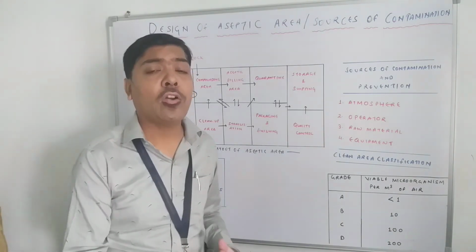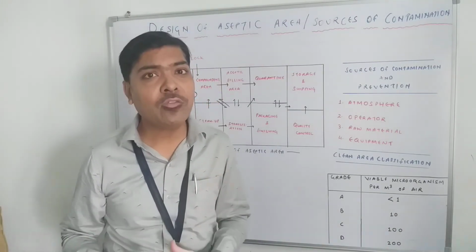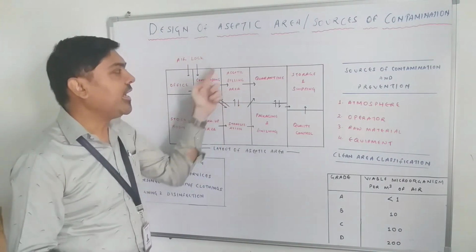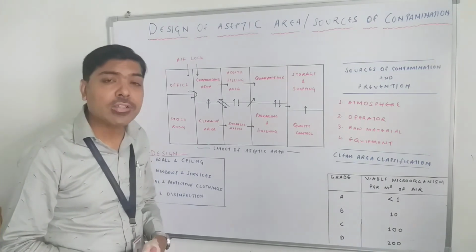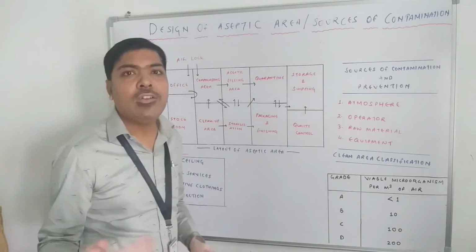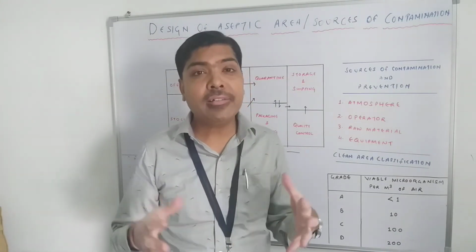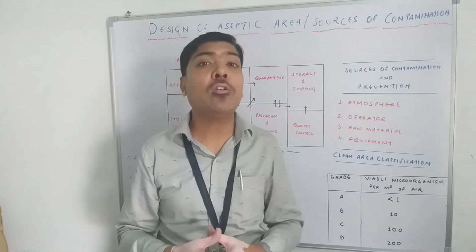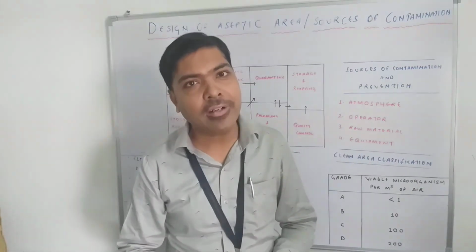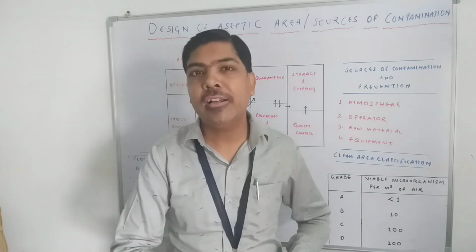But if we are talking about products which are not terminally sterilized, then we have to enter the aseptic filling area. Maybe in the sterilization area we have sterilized the product by using the filtration method, but that sterilized product is not yet transferred into its container.